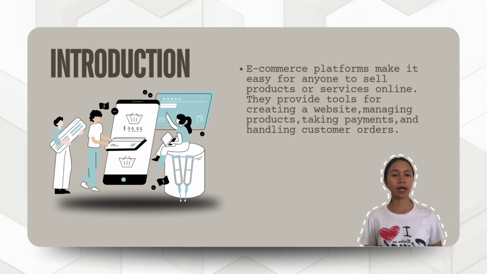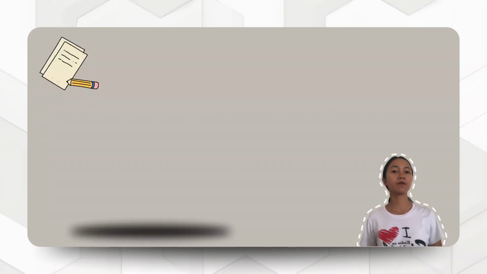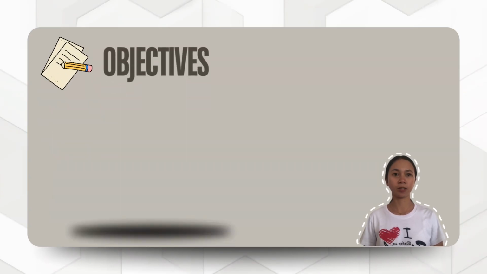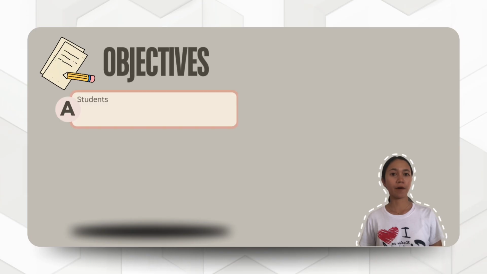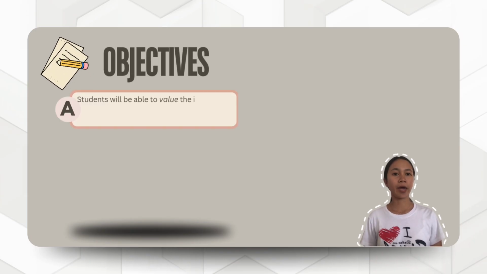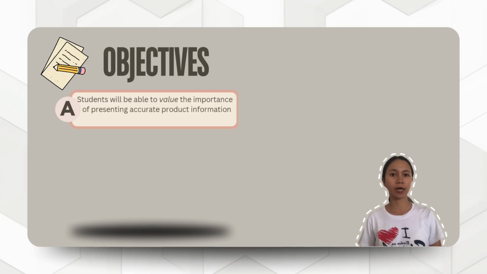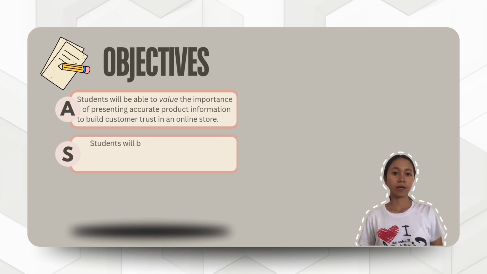Since we now understand the basic idea, let's move on to our specific learning objectives. So for our first objective, A or affective, students will be able to value the importance of presenting accurate product information to build customer trust in an online store. Second objective is S or psychomotor.